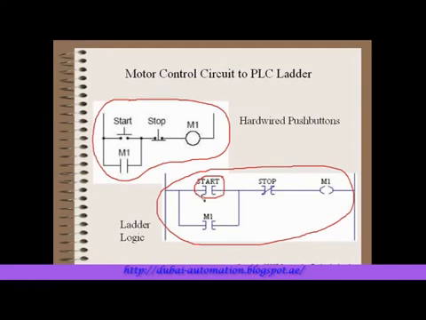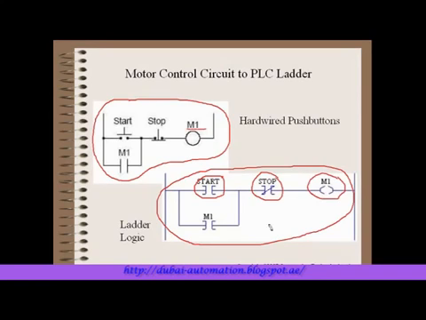But this start contact correlates to the location that this push button comes into the PLC, and the stop contact also correlates to the position where this stop push button is wired into the PLC. With the output, the coils look pretty similar actually, but the coil correlates to an output that's going to drive this relay from the PLC.